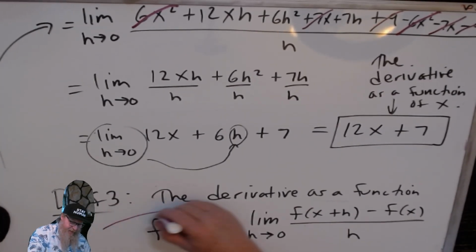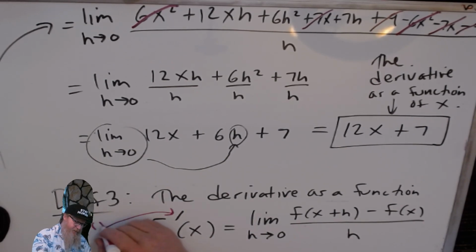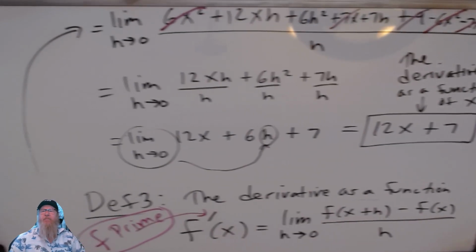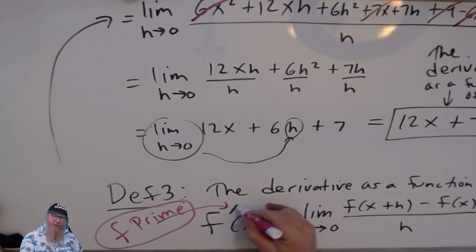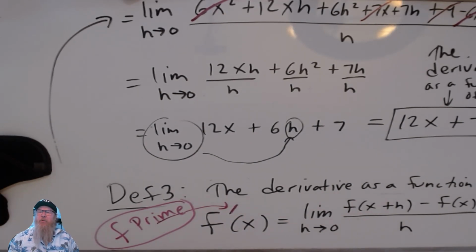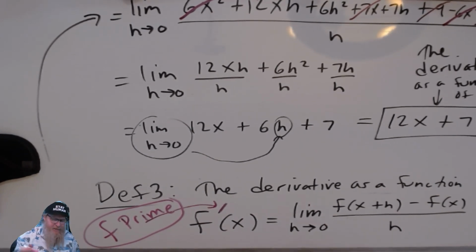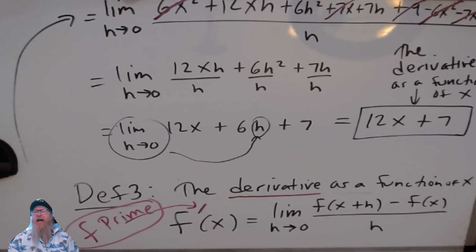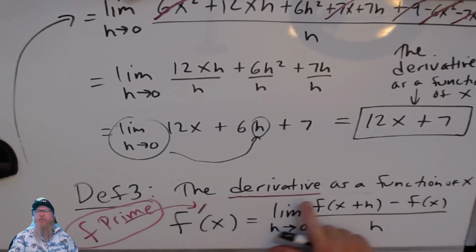So we read this as f prime. This symbol here, it's an apostrophe. We call that f prime. So this is the definition of the derivative as a function of x. So we say the derivative as a function of x is f prime of x.